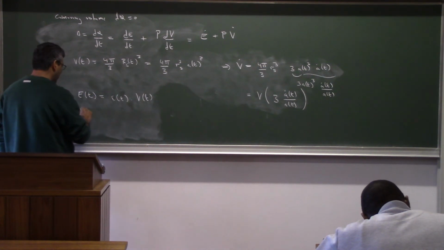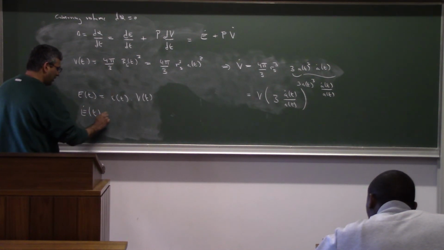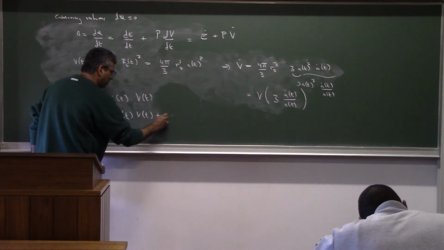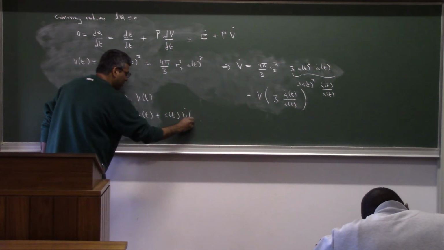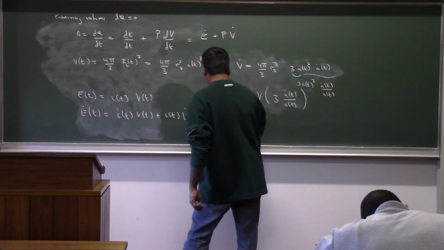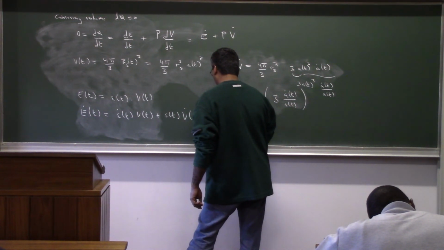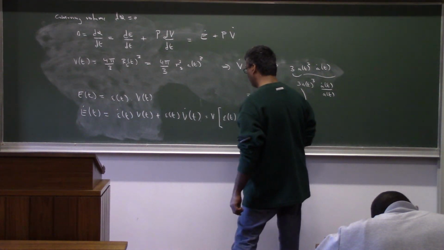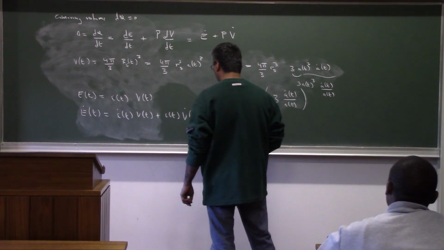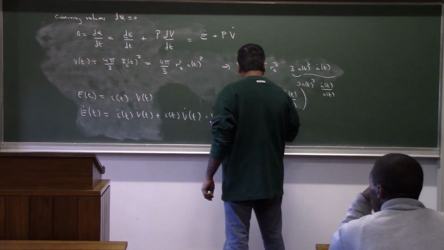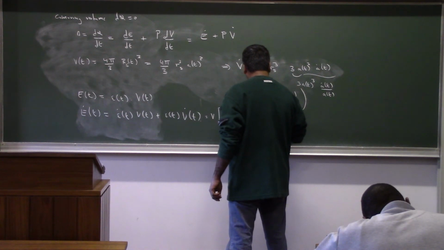So E dot(t) is epsilon dot(t) V(t) plus epsilon(t) V dot(t). So this equals V times epsilon dot(t) plus epsilon(t) times V dot over V, which is 3 a dot(t) over a(t).